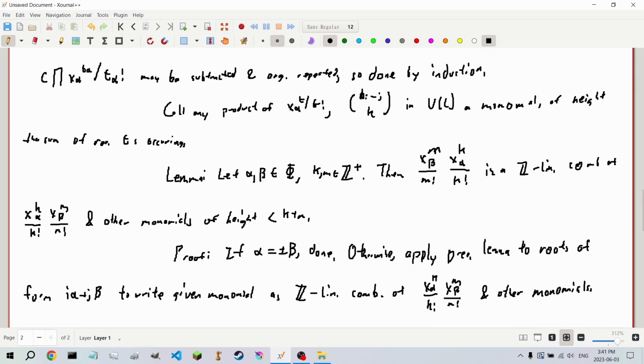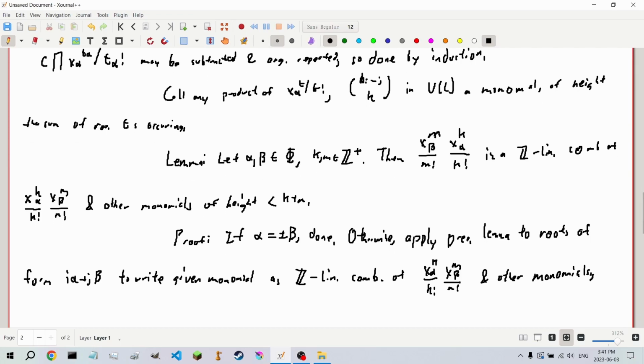Now we still need to show that they have smaller height, which they have by Poincare-Birkhoff-Witt, and since we're using a potentially scalar multiple of a Poincare-Birkhoff-Witt basis, we are done.